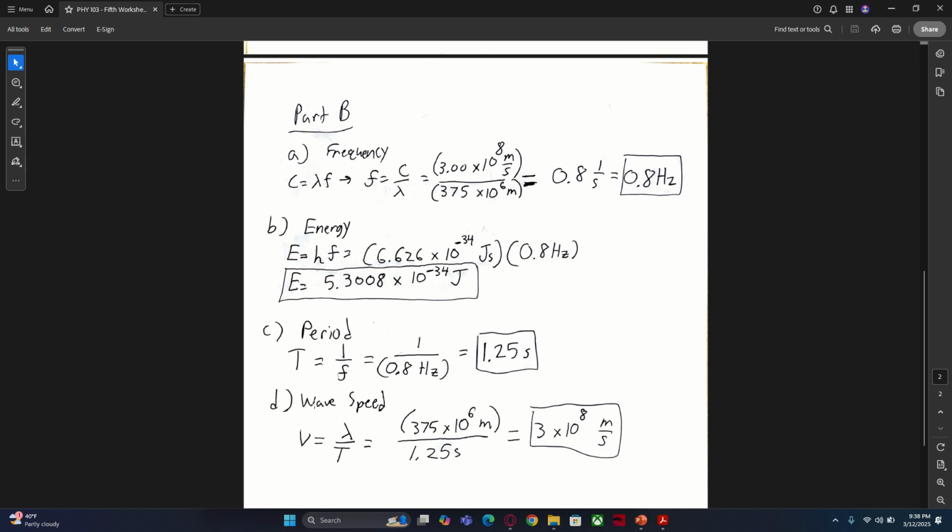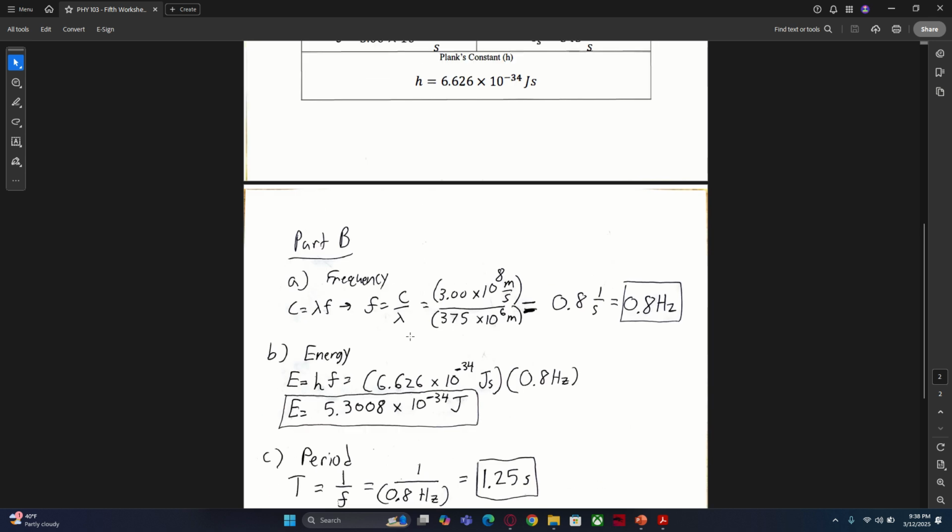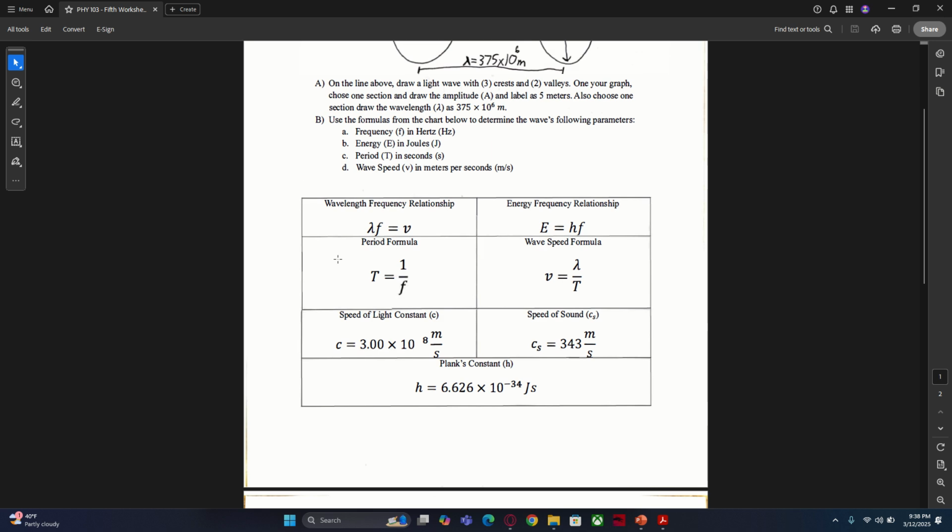And lastly, the wave speed. Even though we were already told we're working with light, which means that we assumed that the speed was 3 times 10 to the 8th, let's just do a check to make sure that the value that we calculated for period makes sense with the value for wavelength we were given all the way at the start.